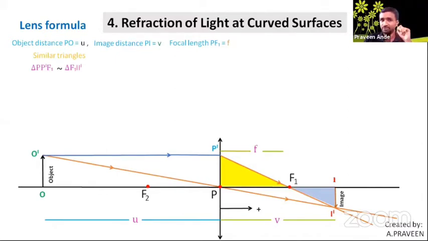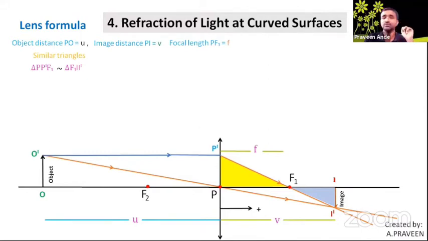From the similar triangles, you have the relation that the ratios of corresponding sides are equal. So what are they here? That ratio we will write as PP' by I'I'. What are PP' and I' here? They are the heights of the triangles in two different similar triangles. In triangle P'F1, PP' is the height of the triangle. In triangle F1I', I' is also the height.